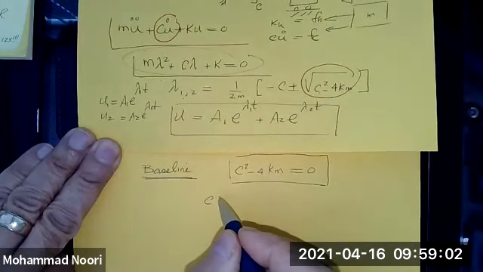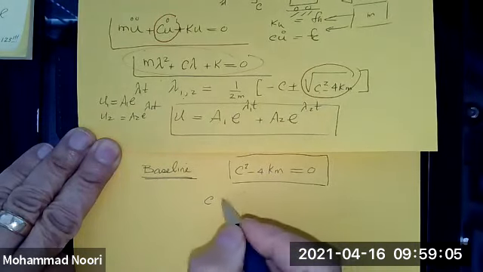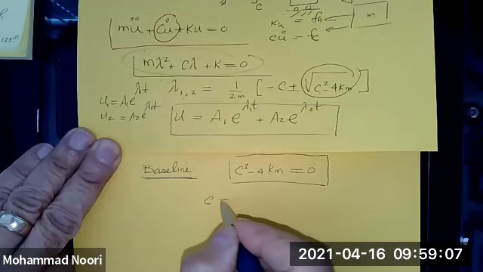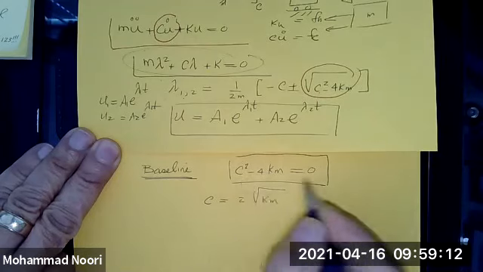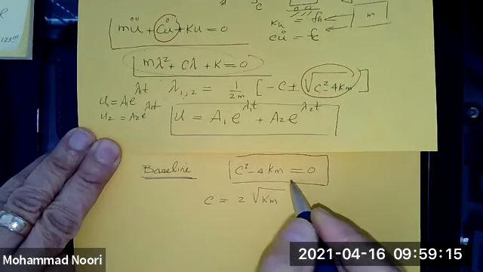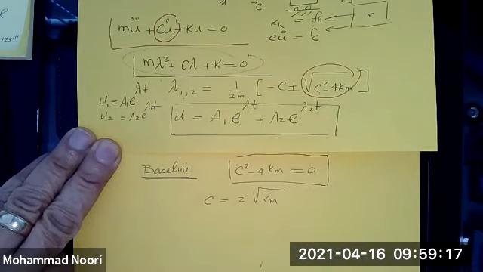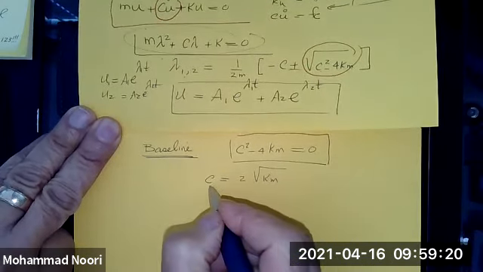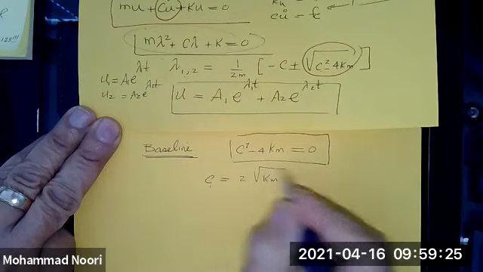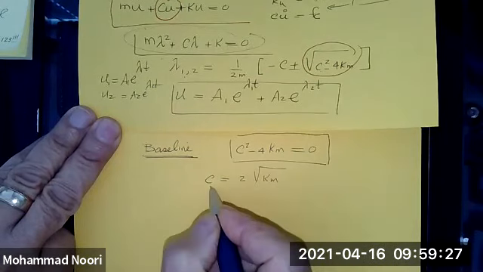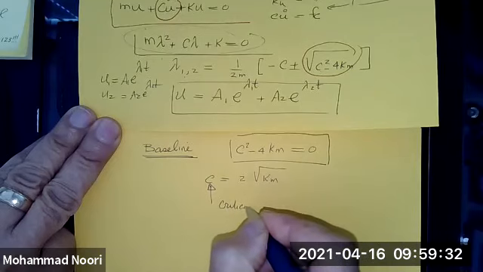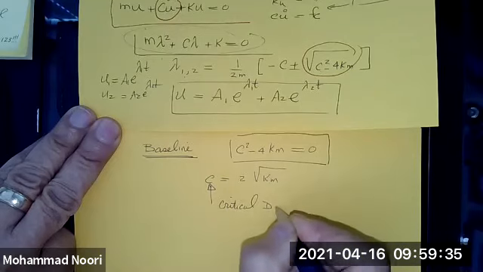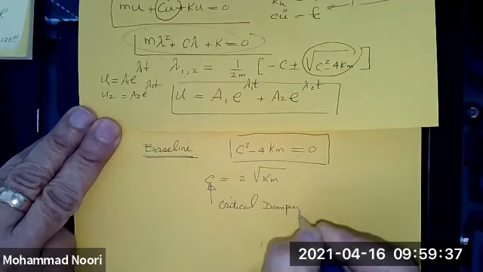In other words, c would be 2 square root of km if you find the value of c from this equation. It is possible that the damping coefficient is twice the square root of km. We call this special value the critical damping coefficient.